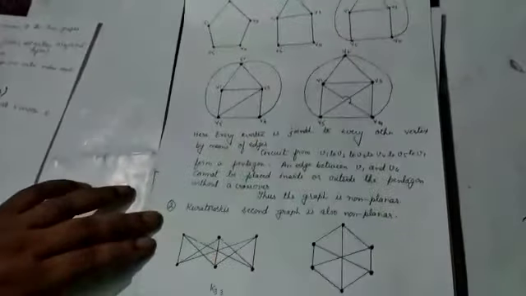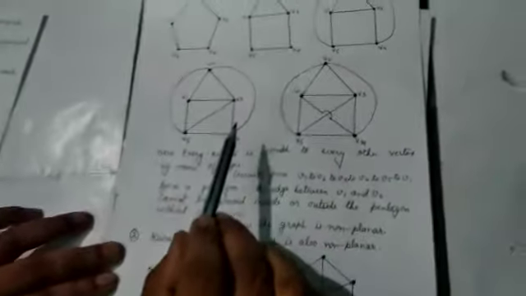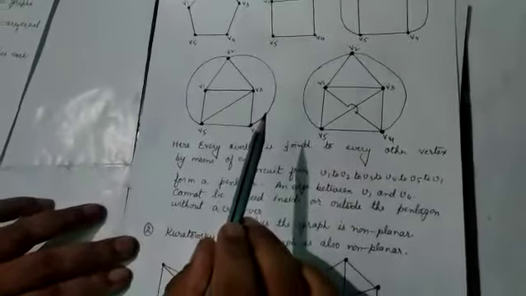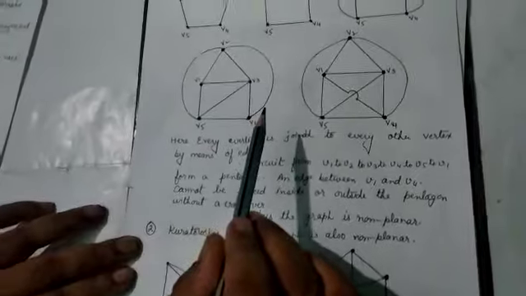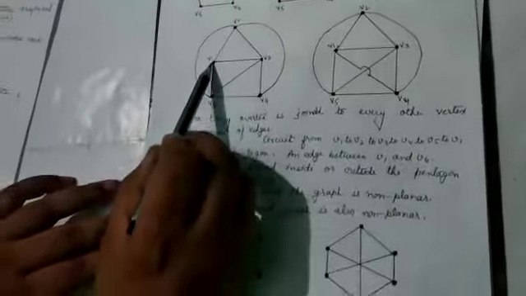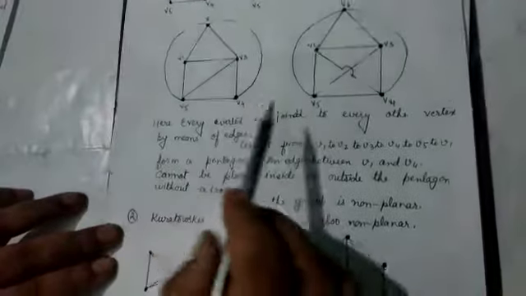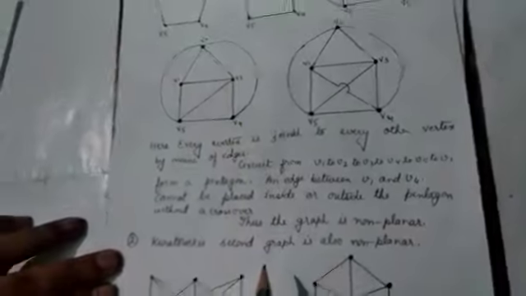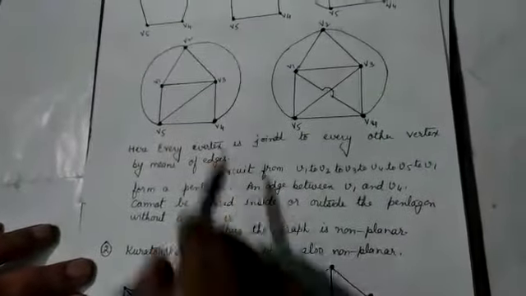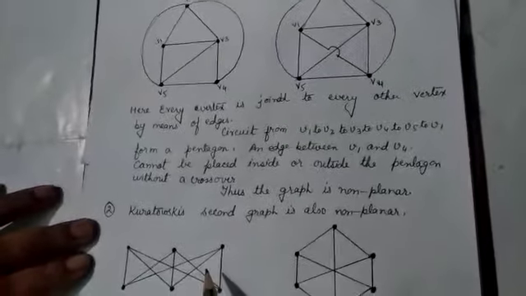And one more thing we can observe is that removal of one edge or a vertex makes each a planar graph. The moment we remove one edge here, it is a planar graph. So these are the several properties common to the two graphs of Kuratowski's, and this was the example of non-planar graph.